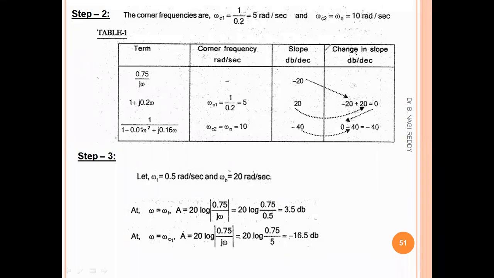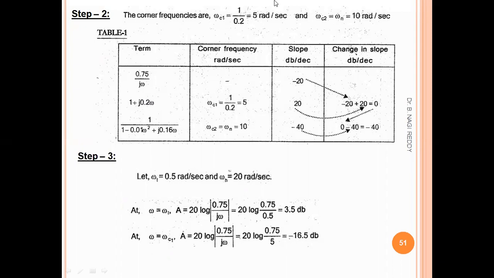So you can see here, we are having three terms. In the first term, there is no 1 plus sT format. That's why we won't get any corner frequency for this term. That's why the corner frequency of this term is nothing, so a blank is kept. And the second term is the term present in the numerator, that is 1 plus j 0.2 omega. So here the coefficient of s is 0.2.